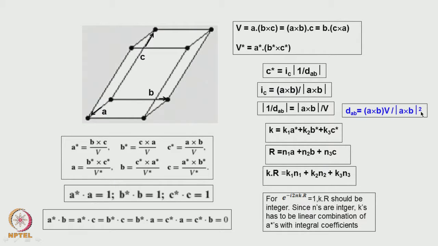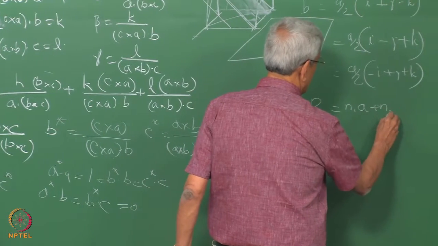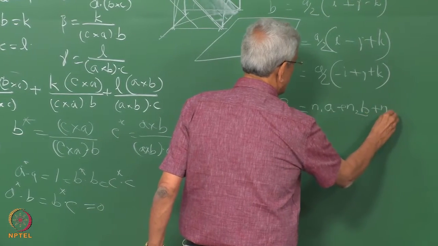So, if we summarize, what have we done in today's class? We looked at the way in which a position in the real lattice can be represented mathematically, that is, in a vectorial form. We generally represent it as R equals N1 A plus N2 B plus N3 C, correct?